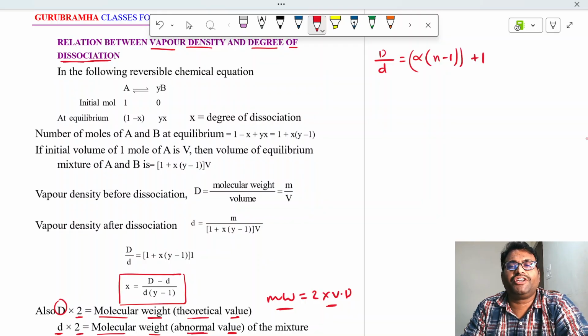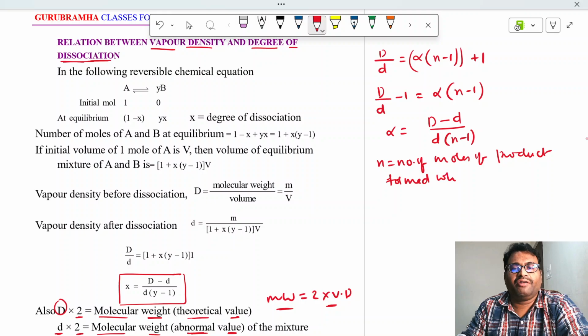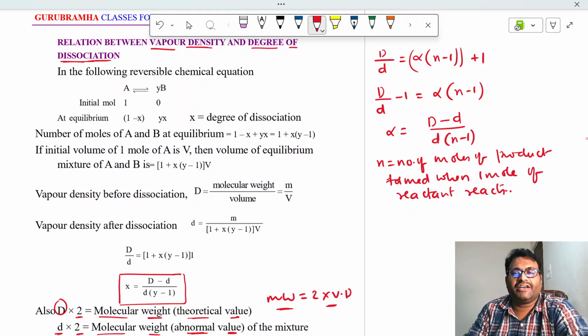Another formula is D by d minus 1 is equal to alpha into (n minus 1). So alpha is equal to (D minus d) by d into (n minus 1), where n is the number of moles of product formed when 1 mole of reactant reacts.